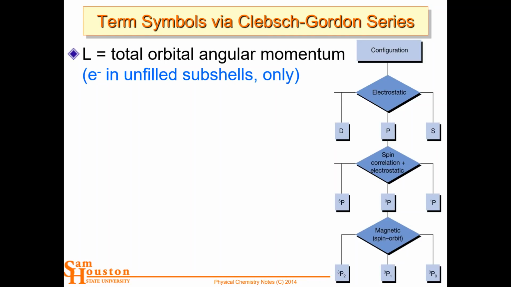Anyway, it's pretty cool. So this capital L is the total angular momentum for the atom, and it's those electrons in unfilled subshells only, just emphasizing that. To come up with capital L for an atom, you look at the angular momentum quantum numbers for each individual electron in that unfilled subshell. So for carbon, which we will do in a minute, we have 2 electrons in the p subshell.